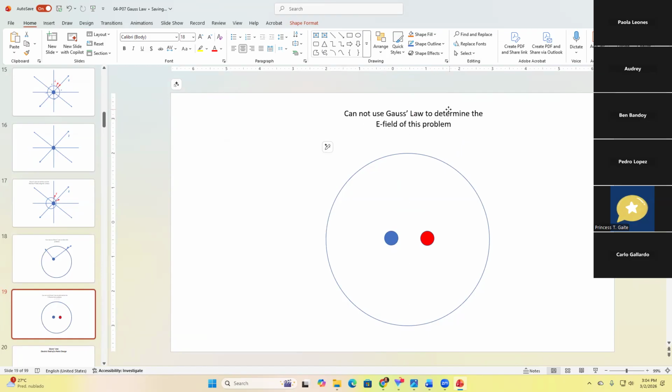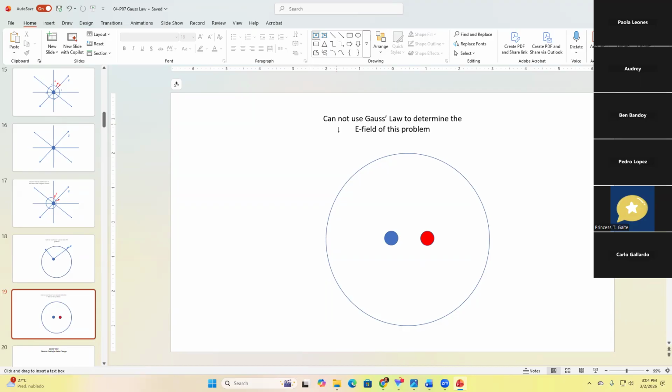That's the difference. If here is plus Q and here is minus Q, you can use Gauss's law to find out the electric flux through this enclosed surface.